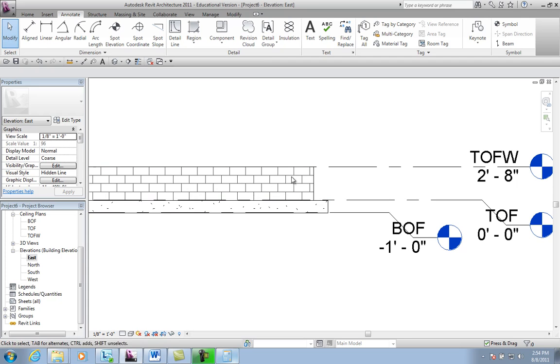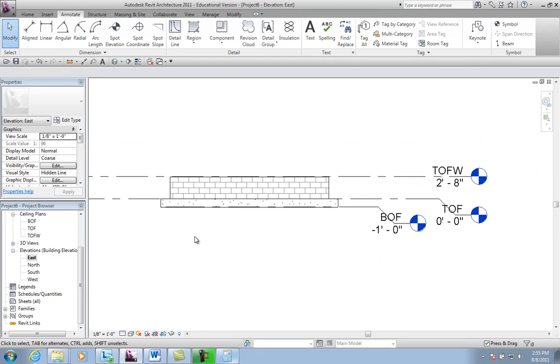This is our block wall. Now, BOF means the bottom of footer. TOF means top of footer. These are our levels. This is our 0 plane, and you see TOFW, top of foundation wall. That is the top of our block. So what you need to know is it's 2 foot 8 inches tall. That's exactly what we needed to know to figure this out.